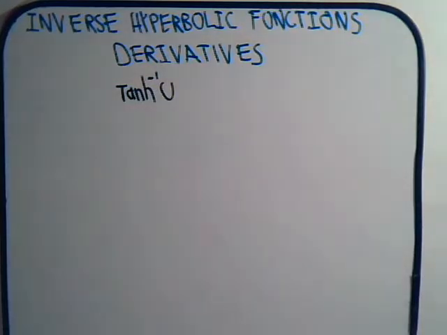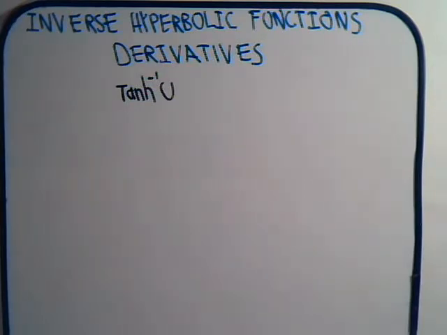Okay, in this video, we're going to derive an expression for the derivative of the inverse hyperbolic tangent function. And again, as we pointed out in our previous videos, the way to proceed with this is to realize that all of these inverse hyperbolic functions can be expressed in logarithmic form.